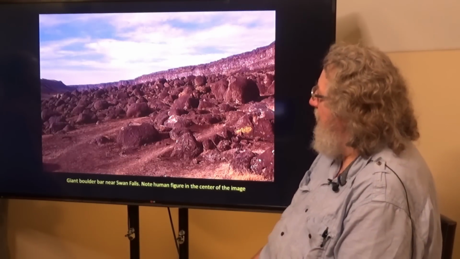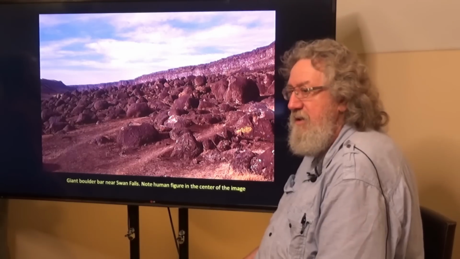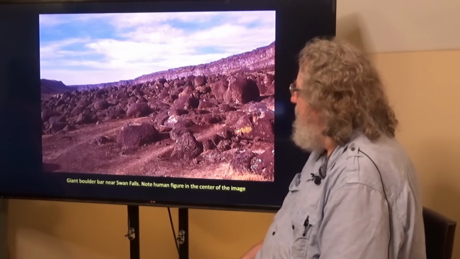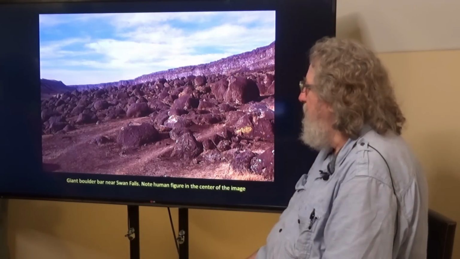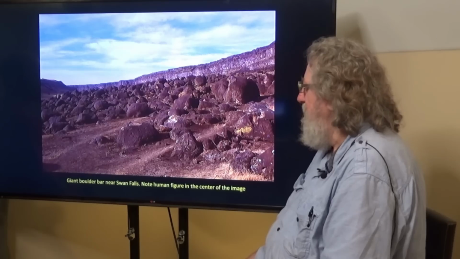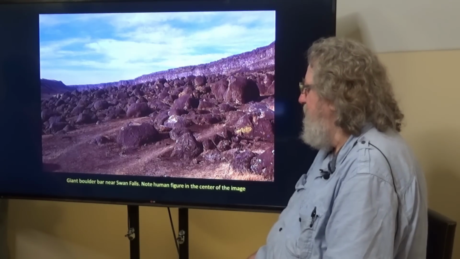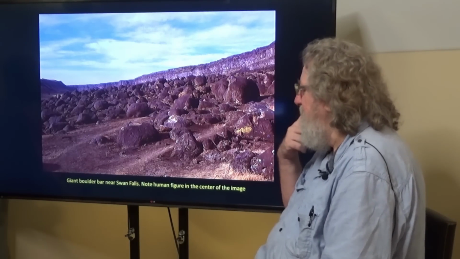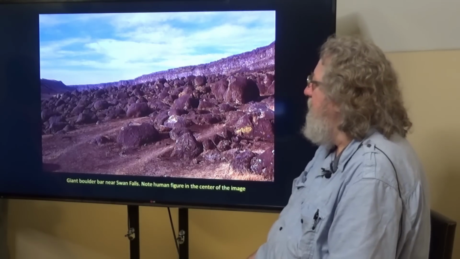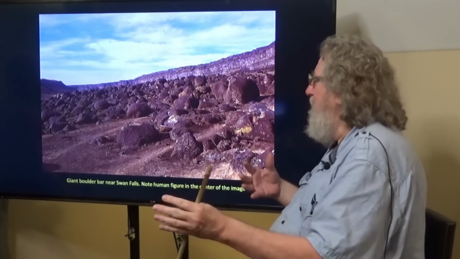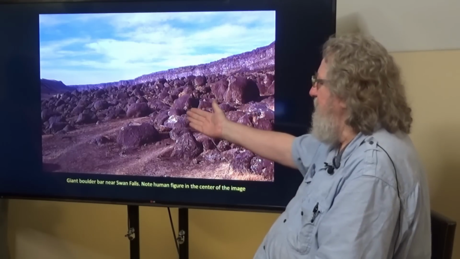Just another shot. And this is the kind of thing that you see all along the pathway of the flood. This particular Swan Falls boulder bar, if I recall, was about 3 miles long. I'm not sure of the thickness. I've never seen studies showing the thickness of it. I'm going to guess it's got to be at least several hundred feet thick. But you can picture 3 miles long of this kind of stuff.